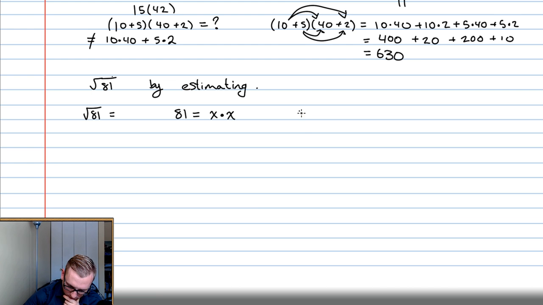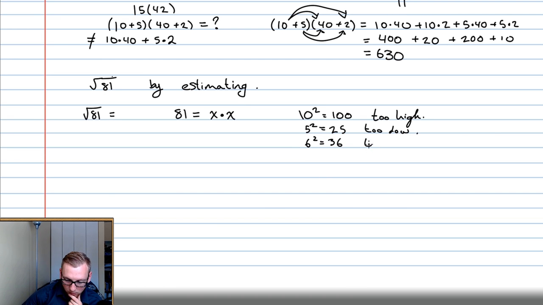We go, well, 10 squared is 100. That's too high. Let's do another easy one. 5 squared is 25. That's too low. 6 squared, 36. Too low.